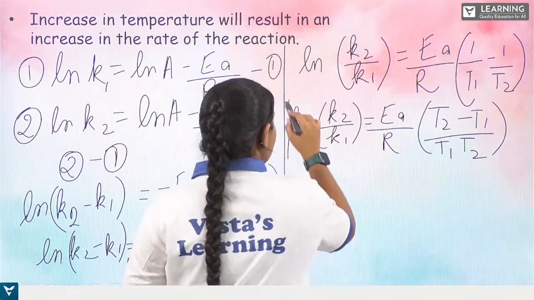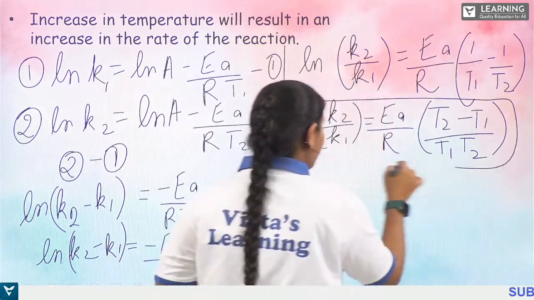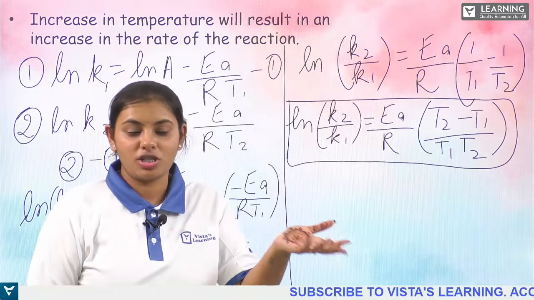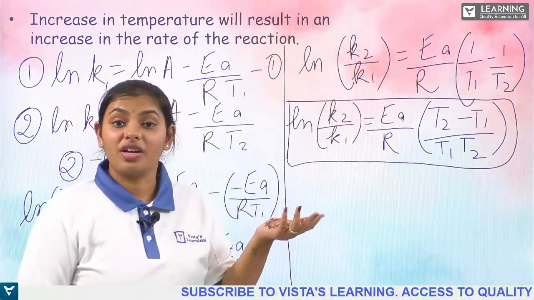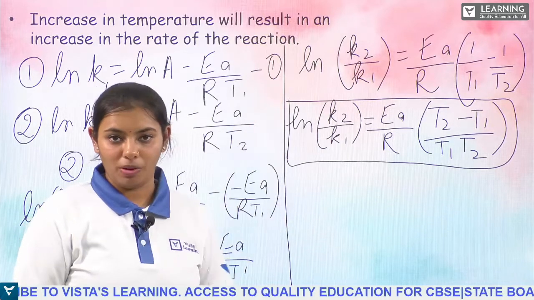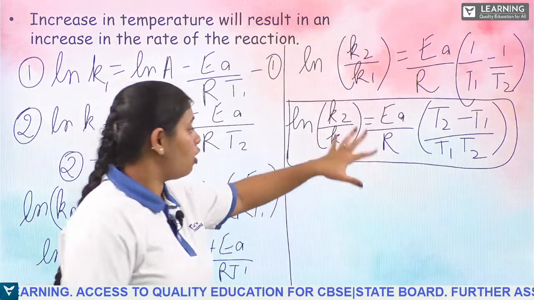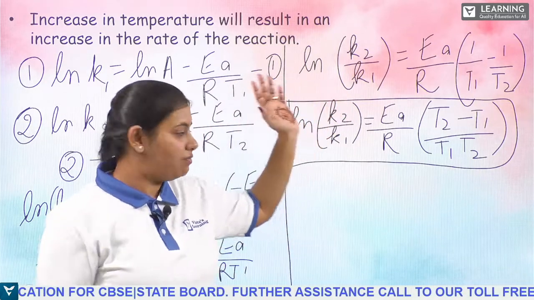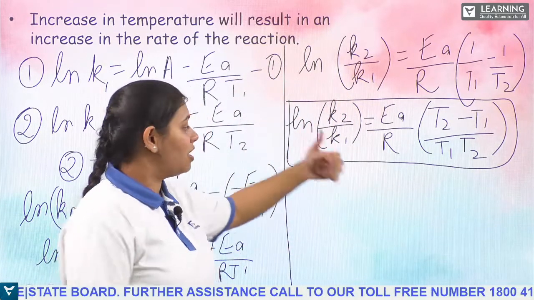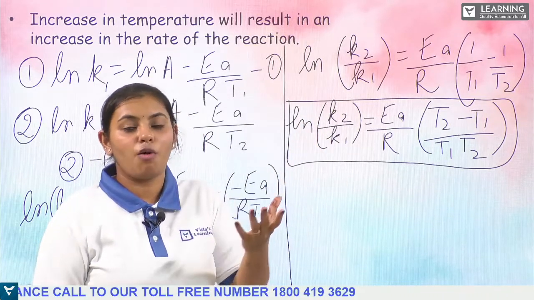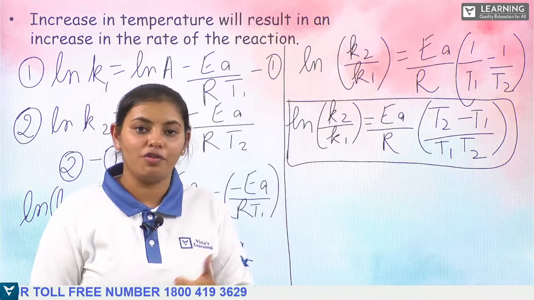And this gives us a new equation where, when two different temperatures are given and there are two different rate constants, we can use this particular formula and solve the problem. And this even tells how K and temperature are dependent on each other. We started off from that and came to this particular equation. The same equation can be written in the form of log as well. So if they're given something in the form of log, you can write it in the form of log and solve the problem.